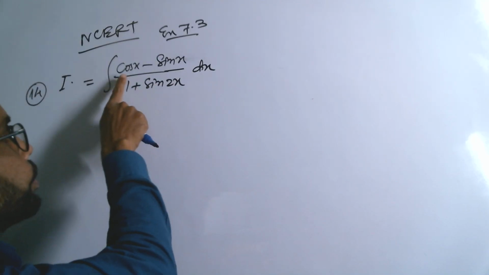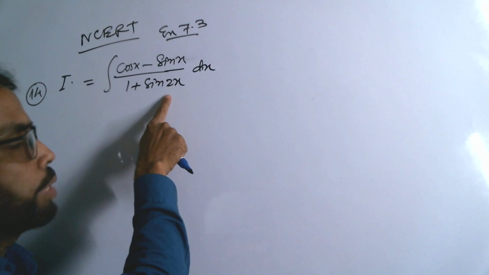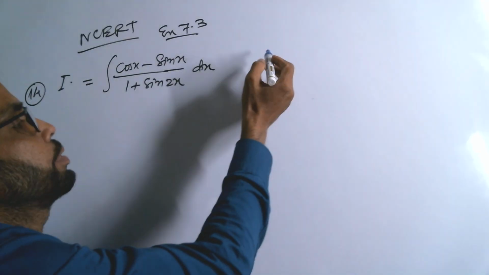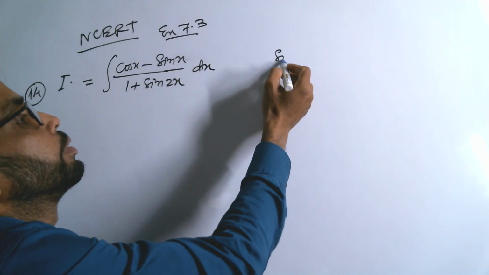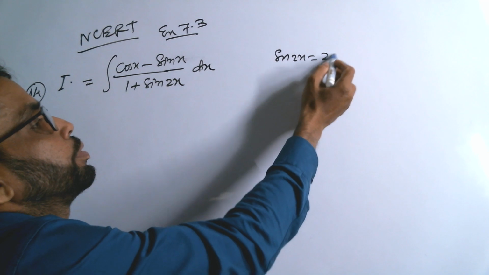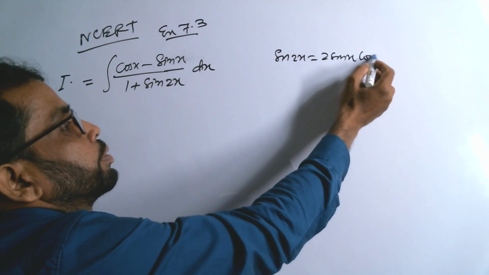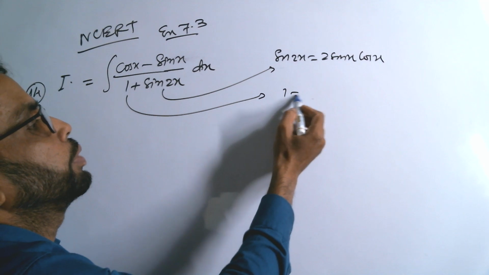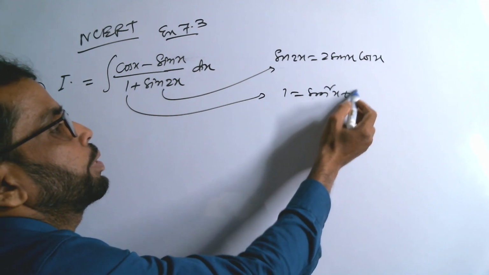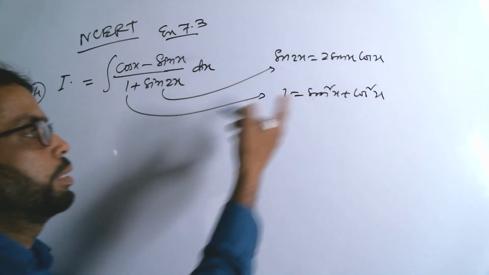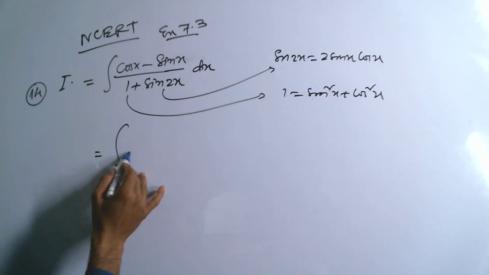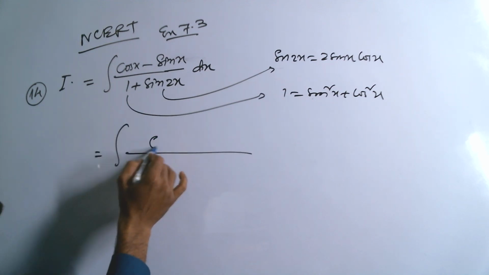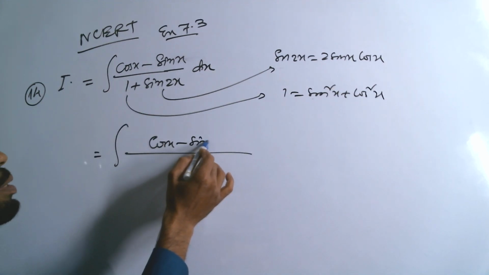Next question, cos x minus sin x by 1 plus sin 2x. For this, we can use the identity sine 2x is 2 sine x cos x. For this we will use this, and for 1 we can write 1 is equal to sine square plus cos square. These are the two identities we'll use here. Numerator keeping same, cos x minus sine x.